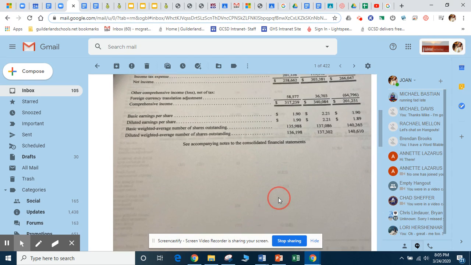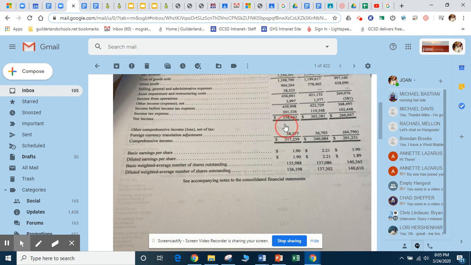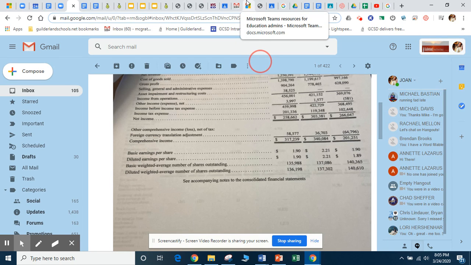And then our numerator will be the 258,662,000. So if I take the 258 million and divide it by the 135,431, so 258,662 divided by 135,431, I am going to get the basic earnings per share of 1.90, this number right here.